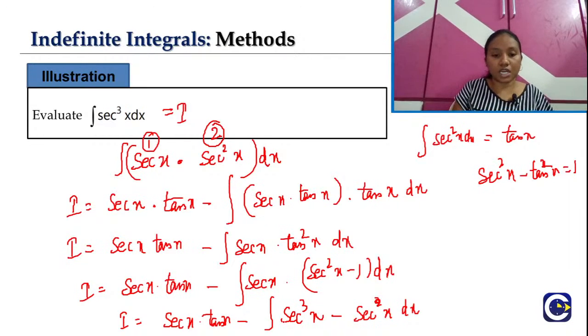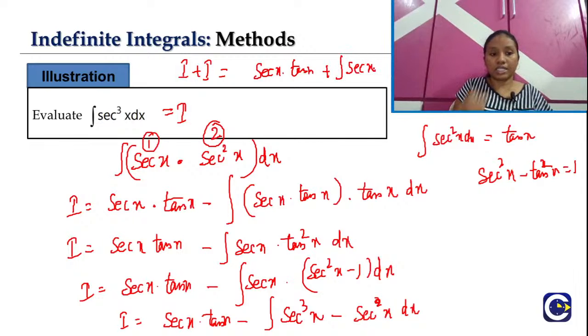So let's do that. If I replace here I and bring that to the other side, then it will become I plus I. And my RHS will be secant x into tan x, so minus into minus plus integration of secant x dx. Right. So this will be my RHS right now.